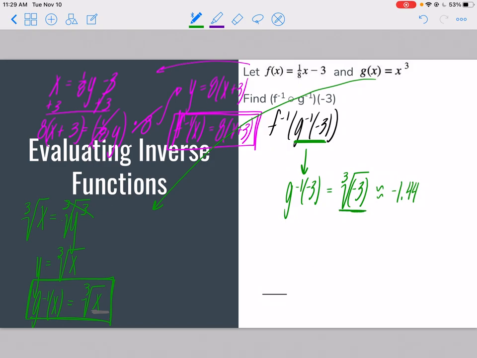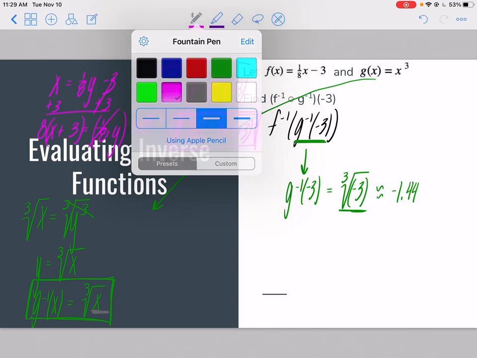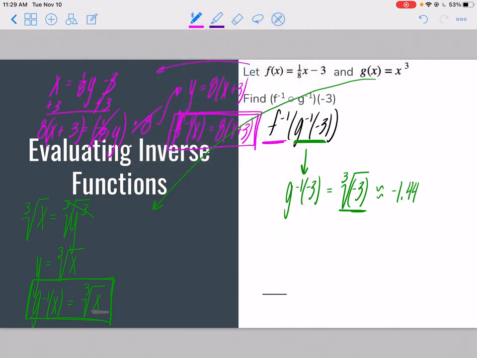Then we plug that into the inverse of function f. So f inverse of this g inverse of negative 3 would become now 8 times all of that plus 3.